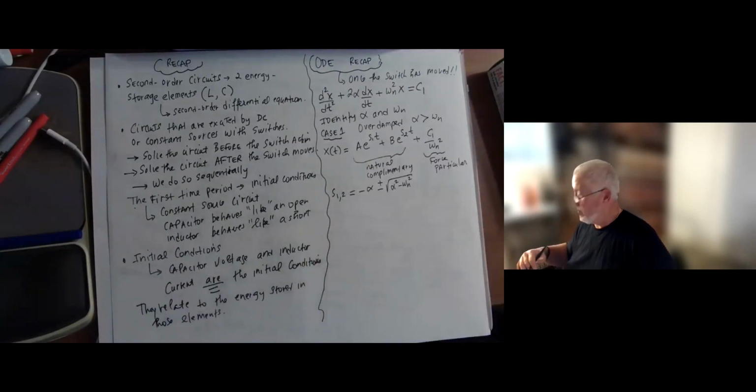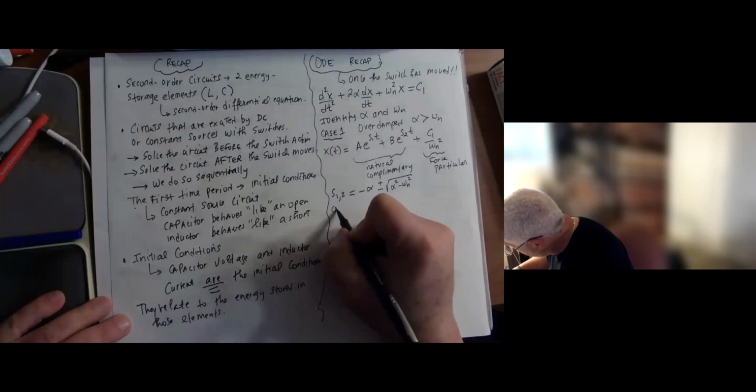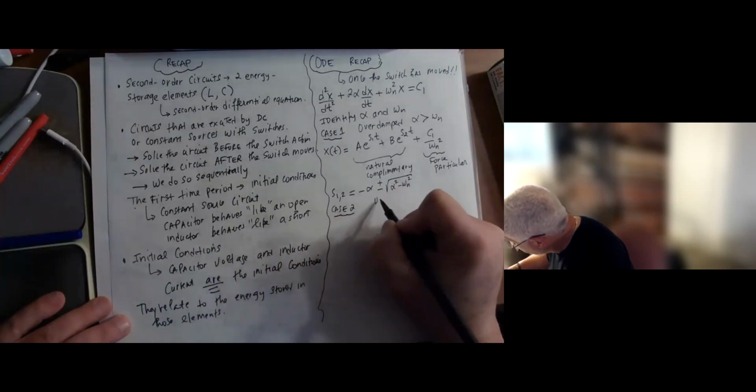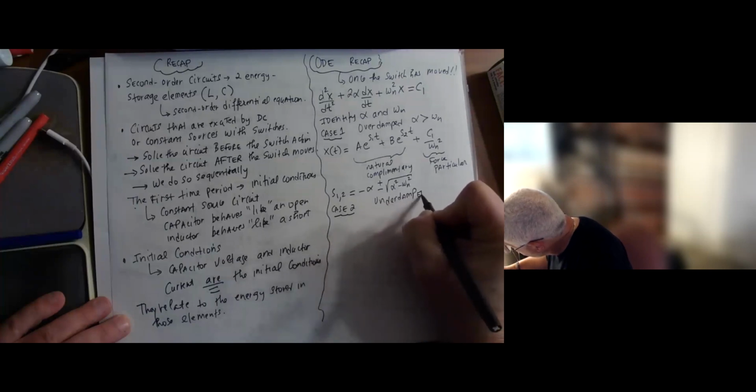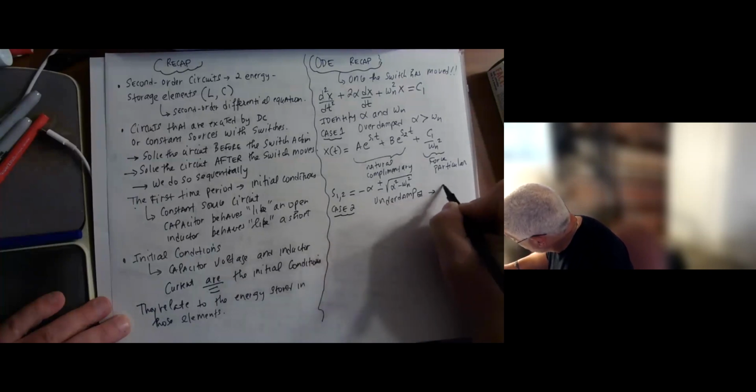Case two is called the underdamped case, and this is the case where omega n is larger than alpha.